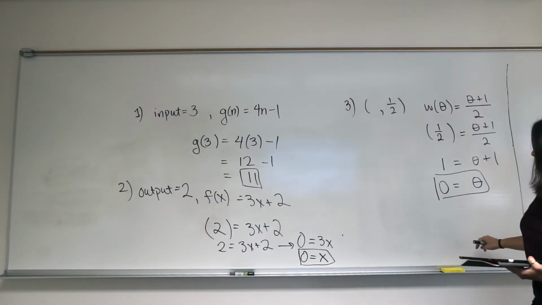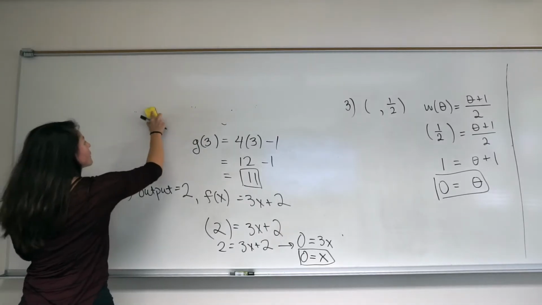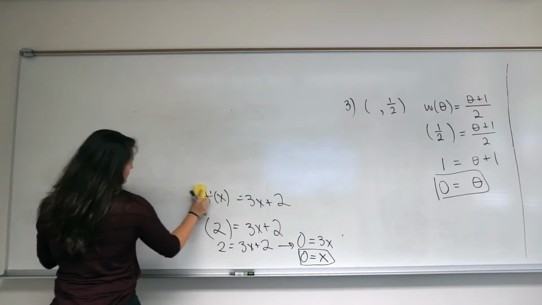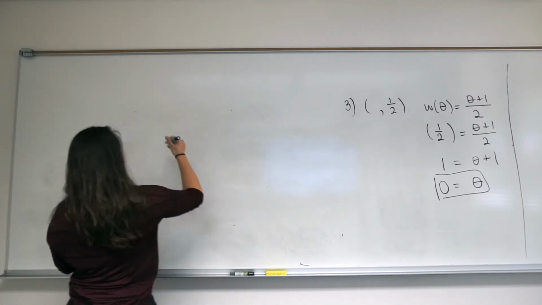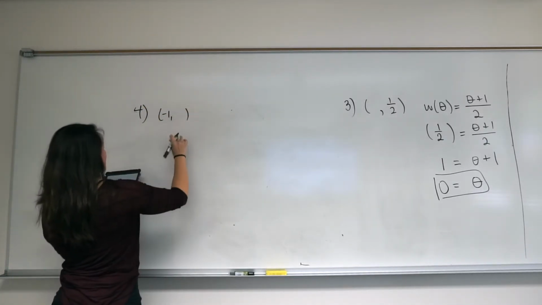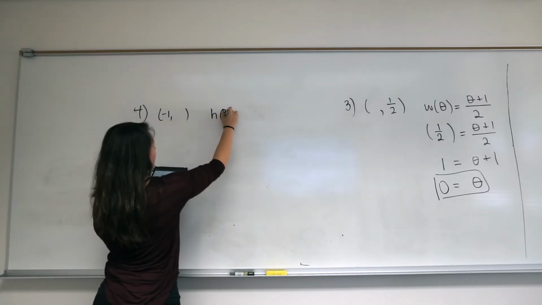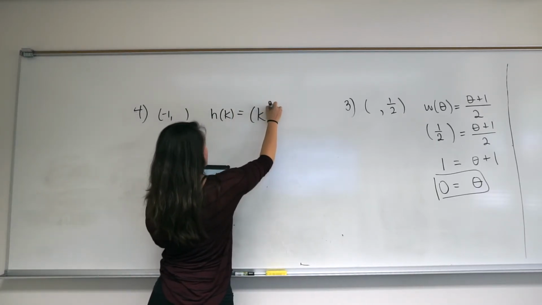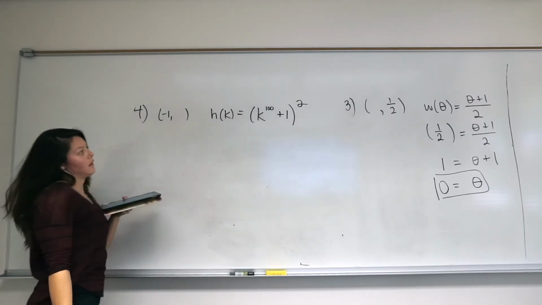And then let's do one more example. I'll go ahead and move over here. We have an ordered pair where the input is -1, and we're given a function h of k equals k to the 100th power plus 1 all squared.